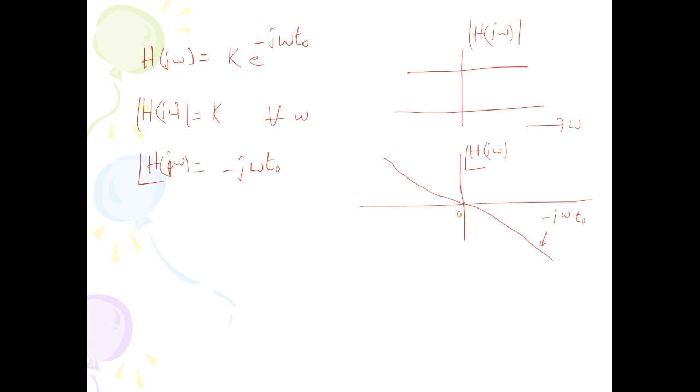Magnitude response is constant and phase response is linear, which exhibits the distortionless transmission of the system. For distortionless transmission, the magnitude response is constant and the phase response is linear, which exhibits ideal filter characteristics.